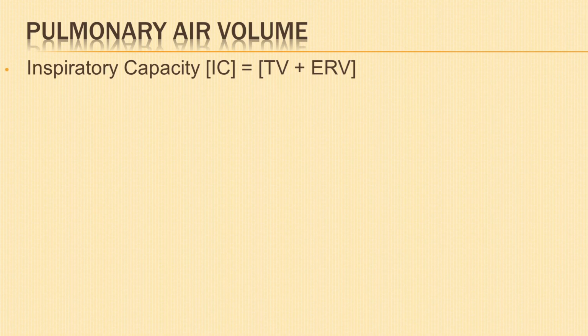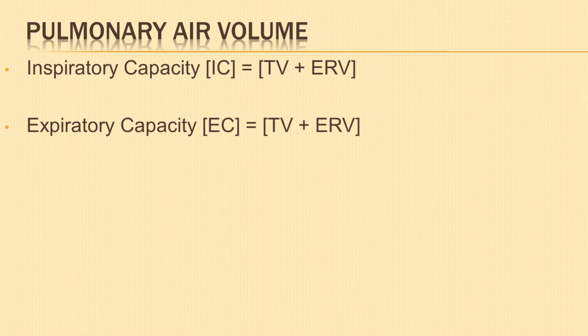Inspiratory capacity, IC: total volume of air a person can inspire after a normal expiration. This includes TV and IRV. Expiratory capacity, EC: total volume of air a person can expire after a normal inspiration.